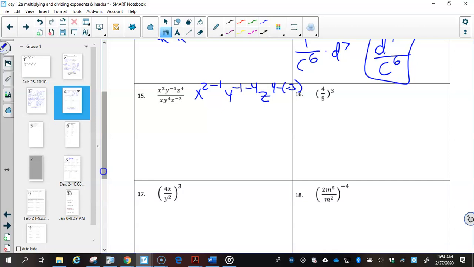What would x's new exponent be? Yeah. It was 1. What would y's new exponent be? Negative 5. And z? 7.